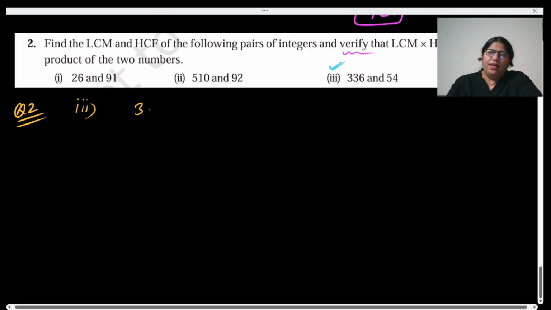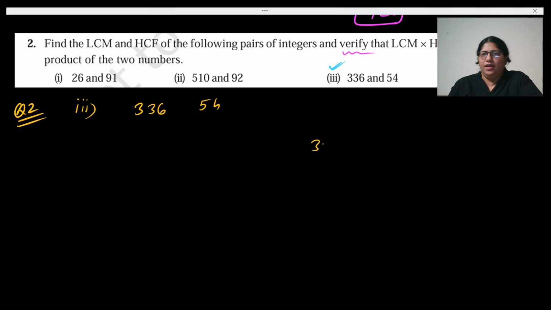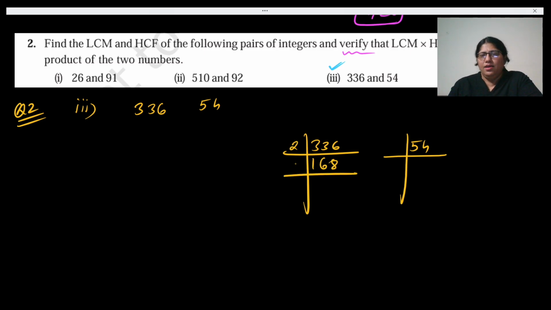So first, if I take 336 and 54, first do the prime factorization. For 336, dividing by 2 gives 168, then 84, then 42, then 21. Then 21 is divisible by 3 and then 7. It's done.